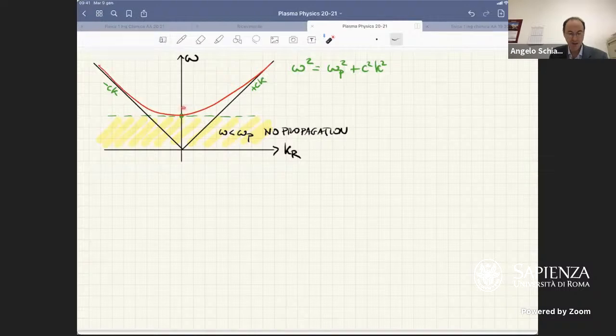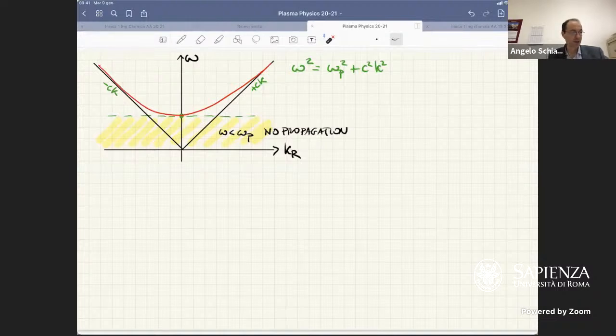And in that case, we approach a region where we don't have propagation anymore. The phase velocity goes to infinity, but the group velocity goes to 0. So we don't have propagation for very long wavelengths. So we recover these properties.